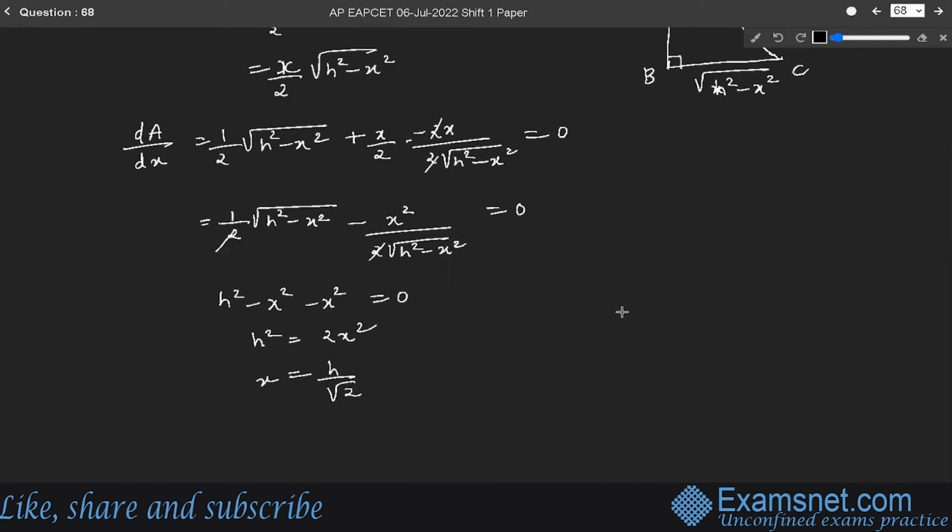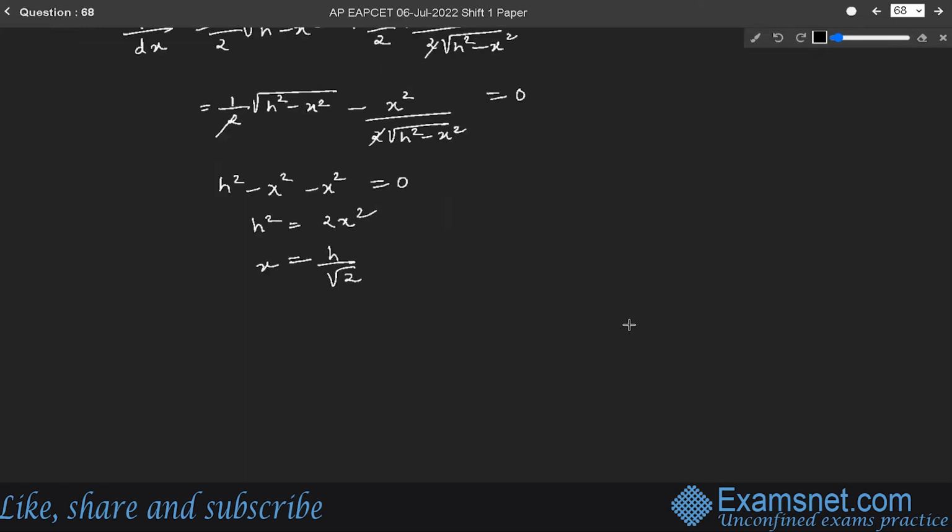Now we have the value for X, and area with respect to X will be half into H upon root 2 into under root of H square minus H upon root 2 whole square.